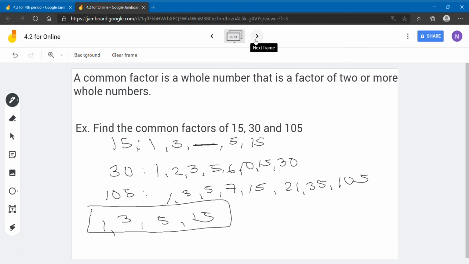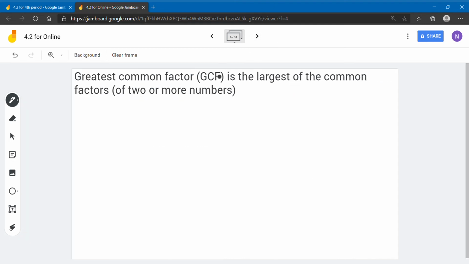So by now, you should be able to know how to find greatest common factors. Greatest common factor, or GCF for short, is the largest of the common factors of two or more numbers.